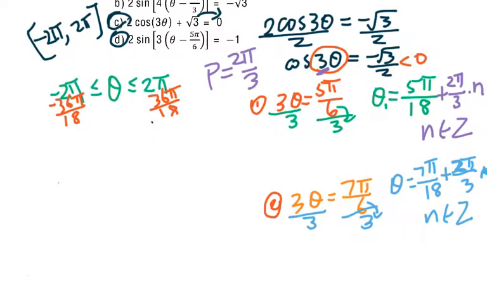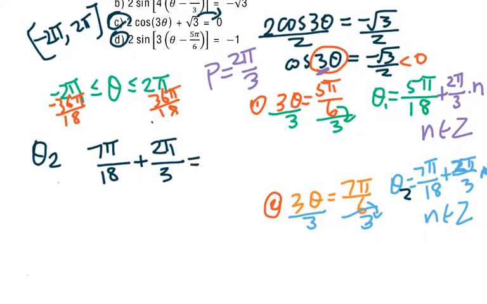So this time we need to list for theta 2. This is theta 2. I have 7 pi over 18. I add 2 pi over 3. Then you will get 19 pi over 18. So I have 7 pi over 18, then 19 pi over 18.